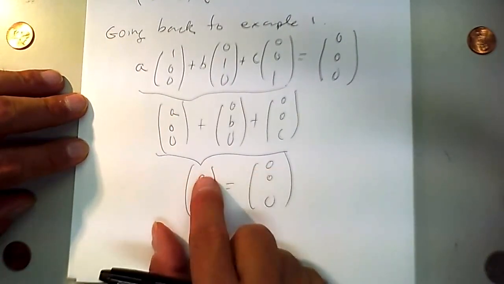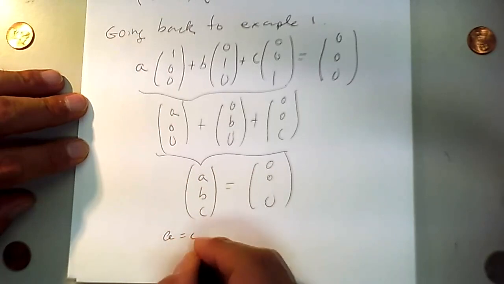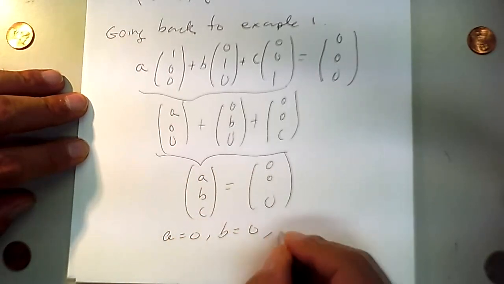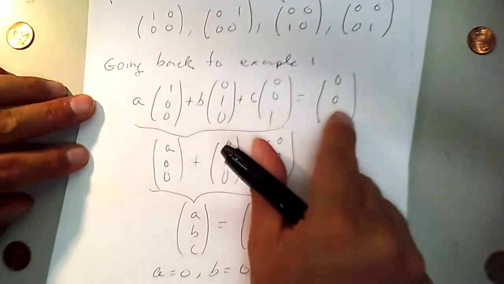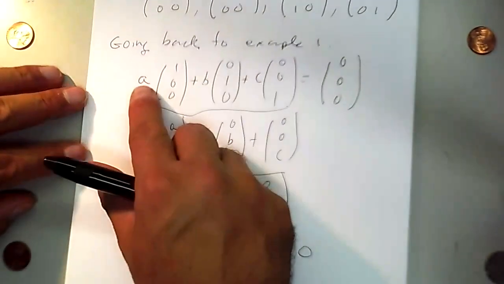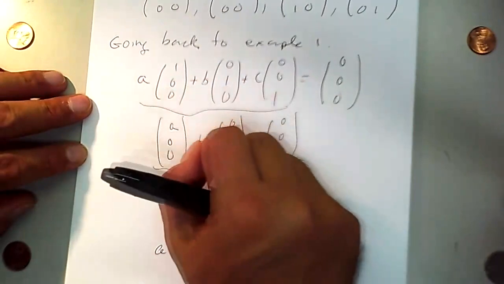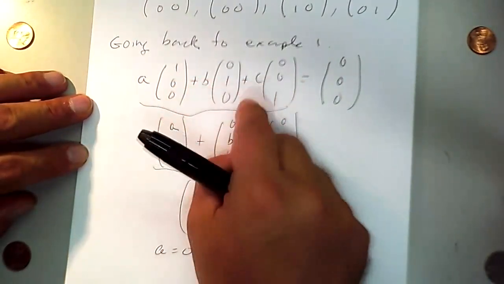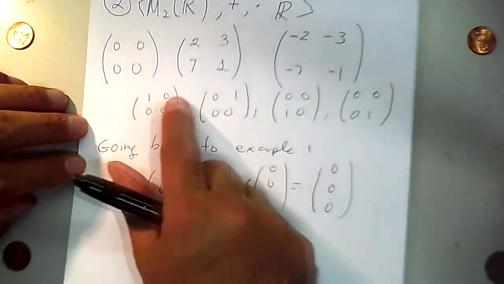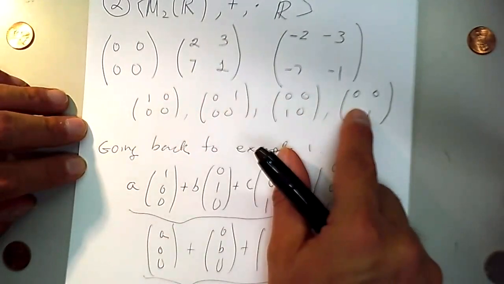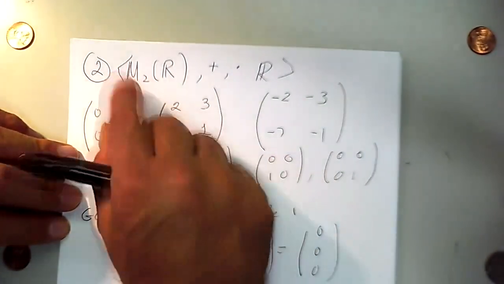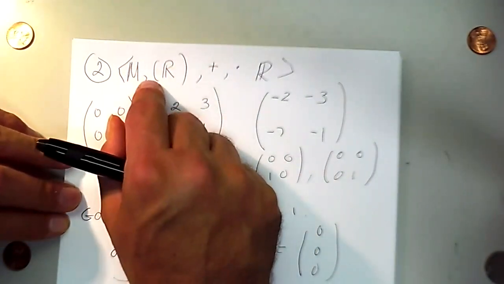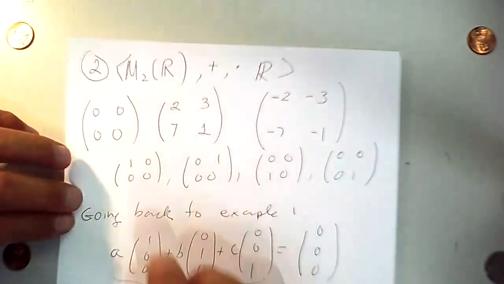And that means that A has to be 0, and B has to be 0, and C has to be 0. So if the only way we can get the 0 vector is by having all of the coefficients 0, that means that the vectors themselves are linearly independent. The same thing applies to those 4 matrices. The reason why I brought it up is because this vector space has dimension 4.